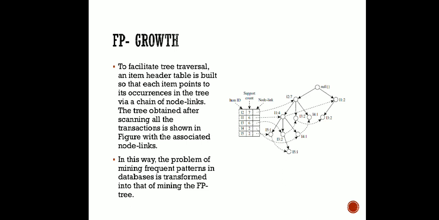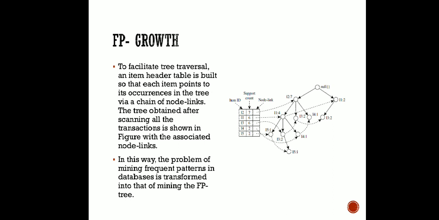So this is the way in which FP growth follows its algorithm to build up the tree. You can see there are chains of nodes, and all the nodes have been linked with this chain, as depicted in the figure.